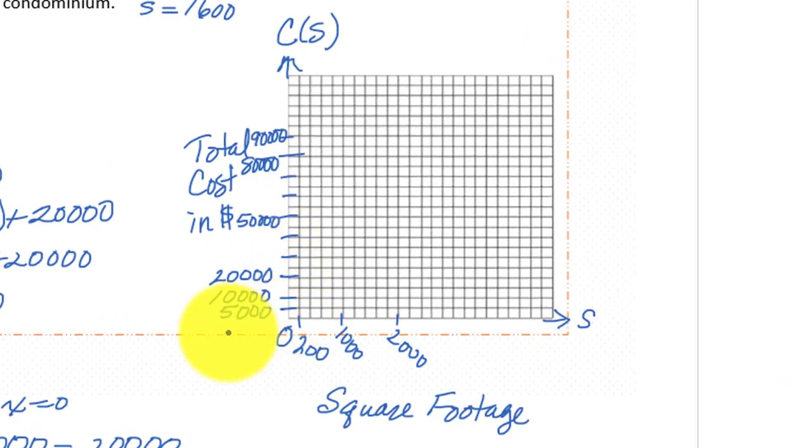So I can plot my 2 ordered pairs, 0, 20,000, and the other ordered pair at 1600. I'll need to go up to 84,000, so about right there. Now I'll draw my line.